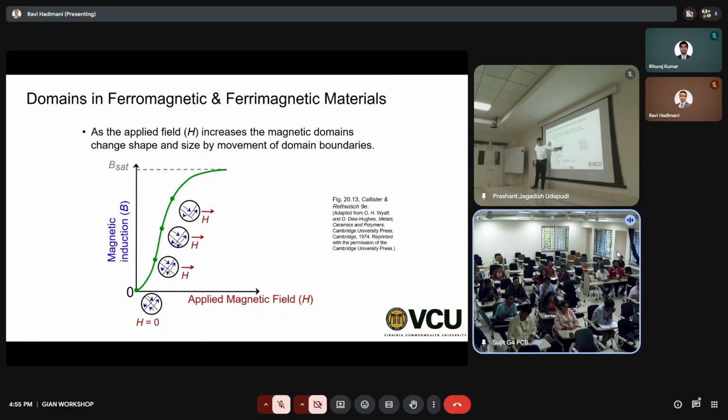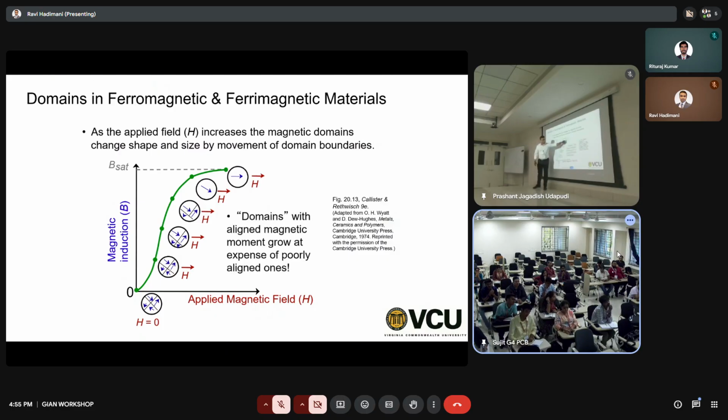So now you see this is growing. Actually, this is growing as well. So eventually all the domains will align in one direction. Okay, a domain is an artificial construct that we use in order to explain how all the spins orient in one direction.